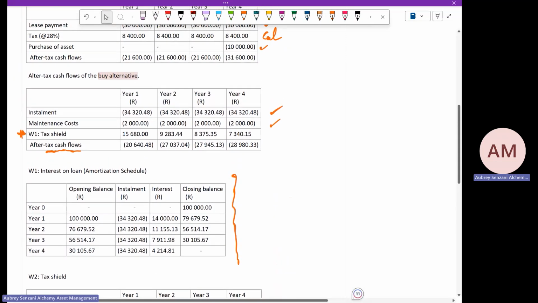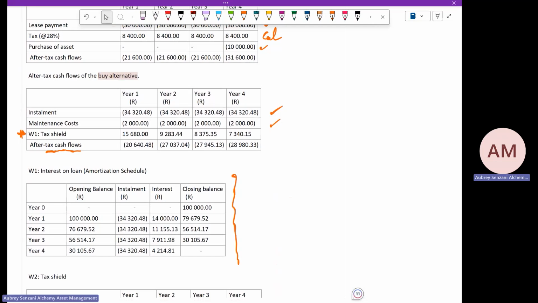Okay, now we can calculate the total after-tax cash flow that we are paying for this option. Which is obviously 20,640 in the first year and 27,037 Rand and 4 cents in year two. Are we good so far?